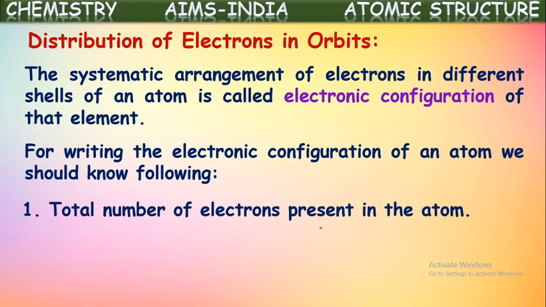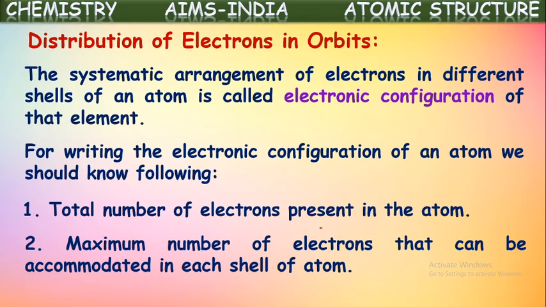If we know the atomic number of an atom, we can say its number of electrons, because the atomic number is equal to the number of protons present in the nucleus. And for a neutral atom, it is also equal to the number of electrons.